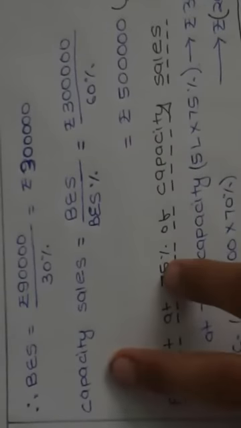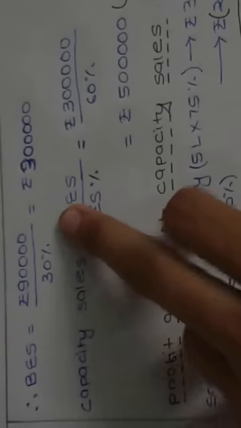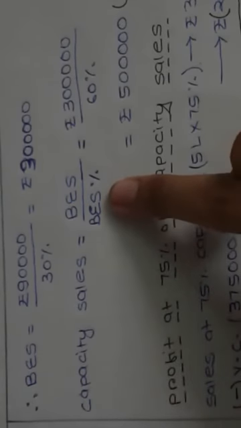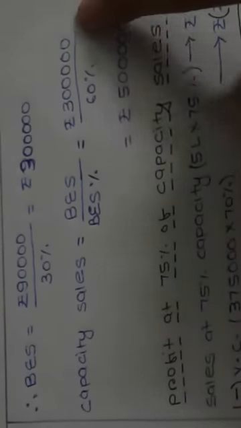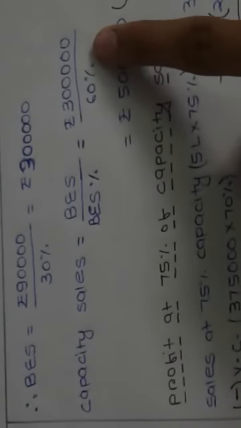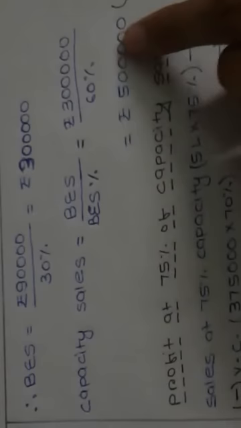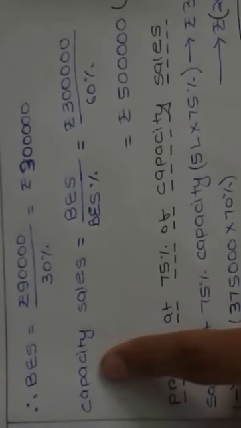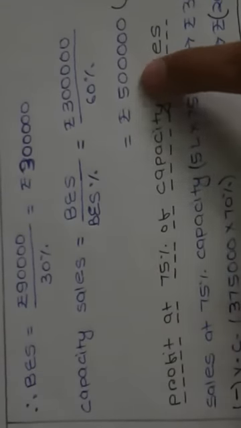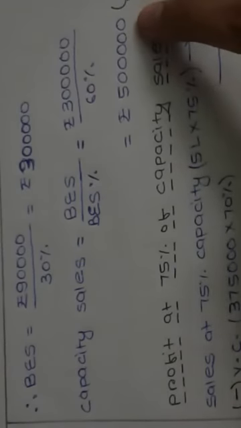Therefore capacity sales is equal to break even sales by break even sales percentage. Break even sales 3 lakh, break even sales percentage 60%, therefore capacity sales is equal to 5 lakh.